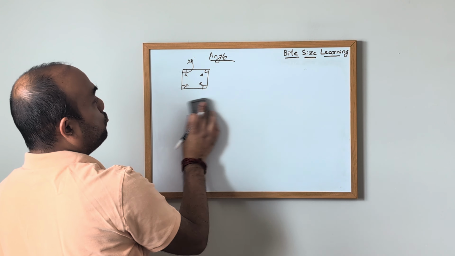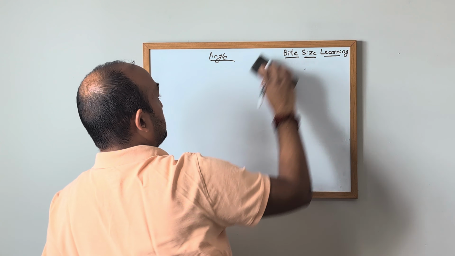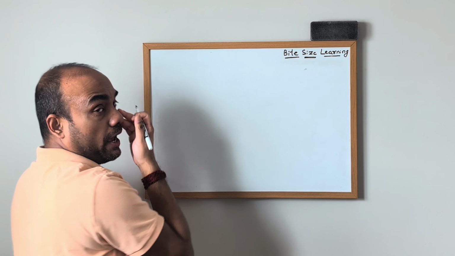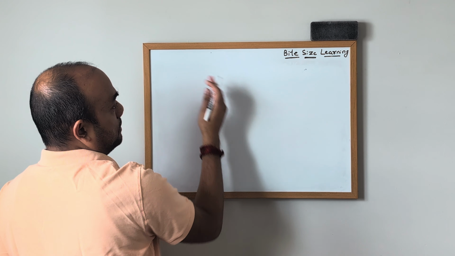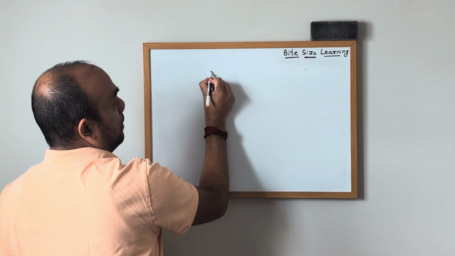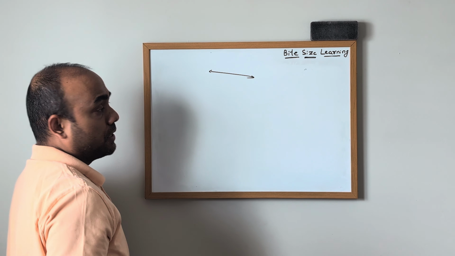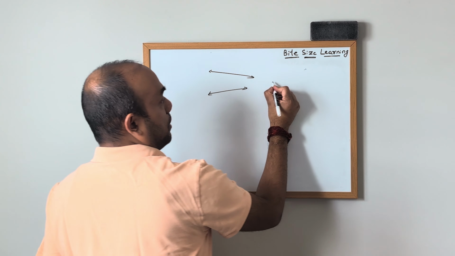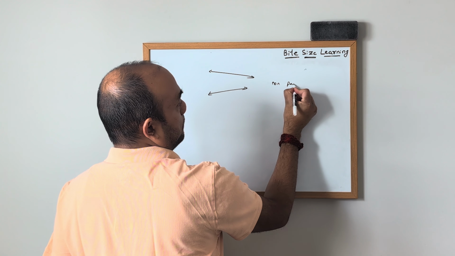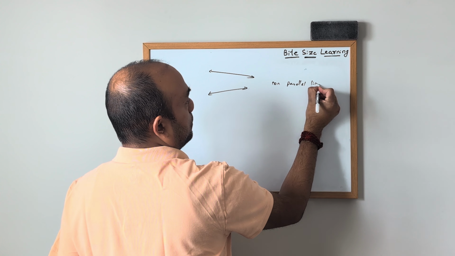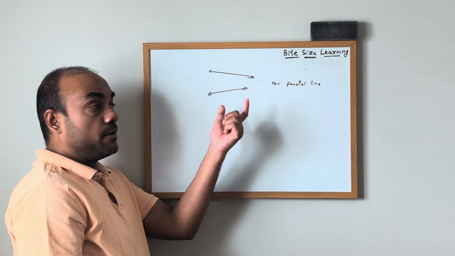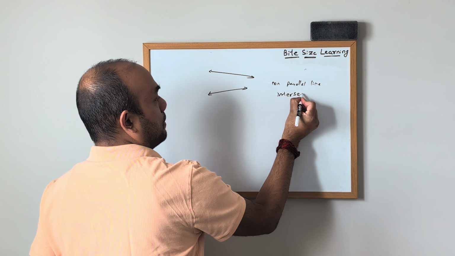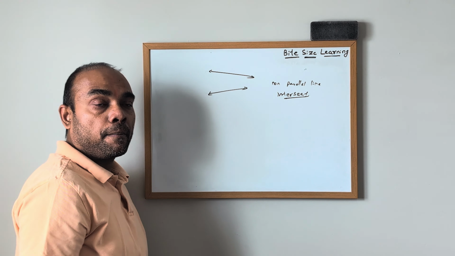Now let's understand two more concepts, which are about lines. This is not related to angles, but these are related to lines. Let's say you have a line like this, another line like this. These lines are called non-parallel lines, meaning these lines eventually at some point may intersect each other, right?